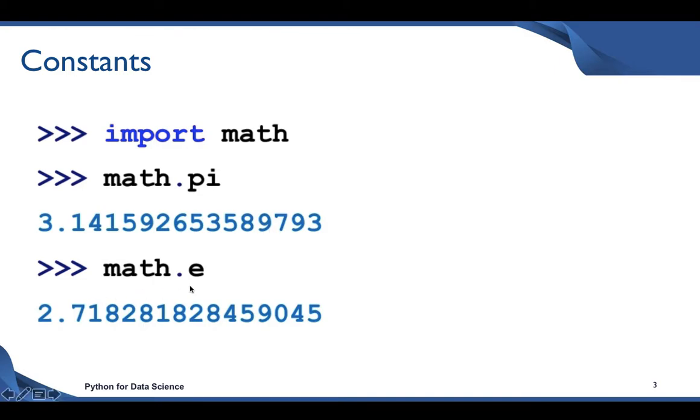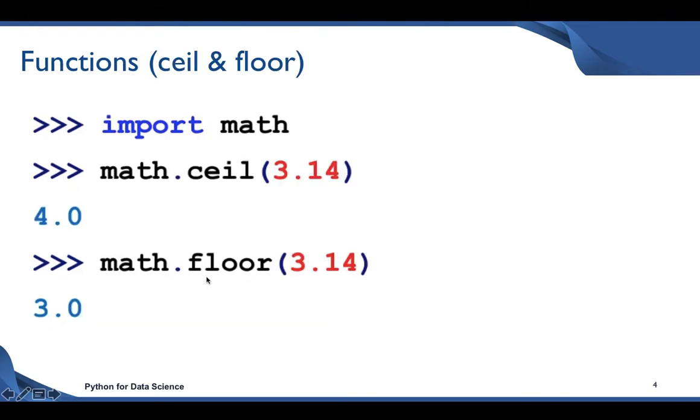Similarly, for the exponent value, we could have math.e, right? Then if we wanted to have the ceil and the floor functions, for example, ceil method takes the upper limit, right? So for example, if we put ceil 3.14, it will give 4, and if we take the floor, it will give 3.0, that is the lower limit, right?